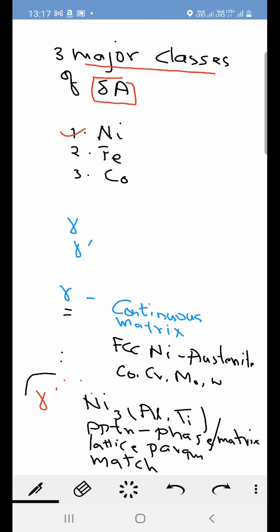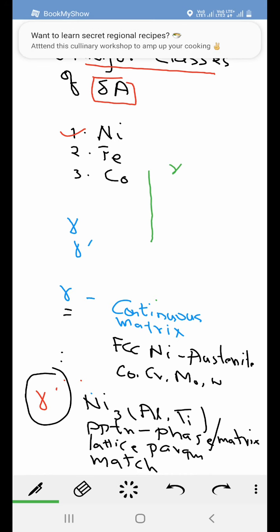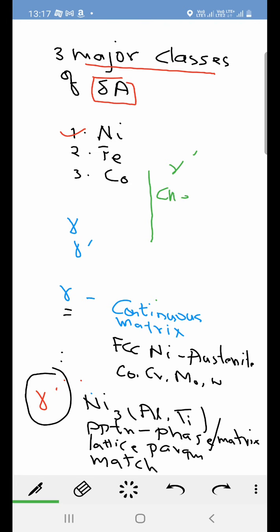Gamma prime is basically preferred because it has properties like being chemically compatible, it gives a homogeneous precipitation, and lastly, it has long time stability.